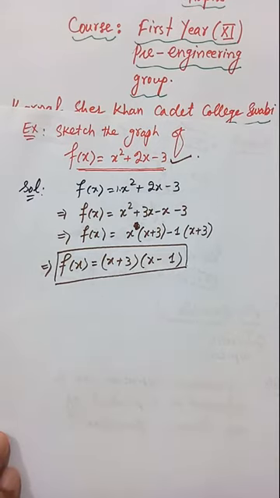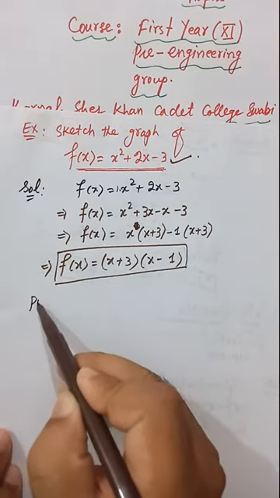Or in other words, here we will find those points which lie on the graph of the function, or in other words, through those points the graph of the function will pass.